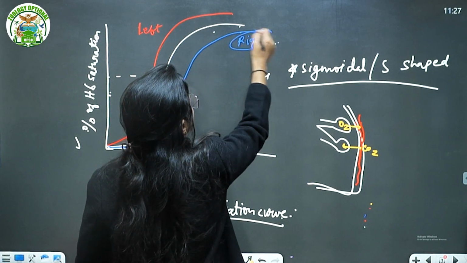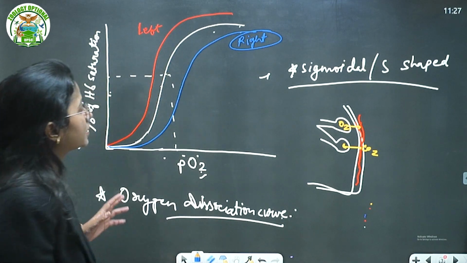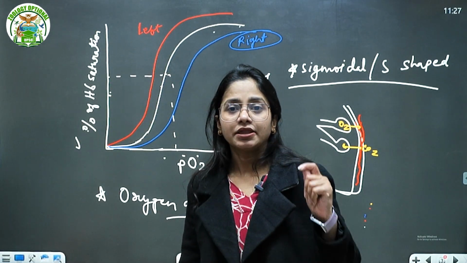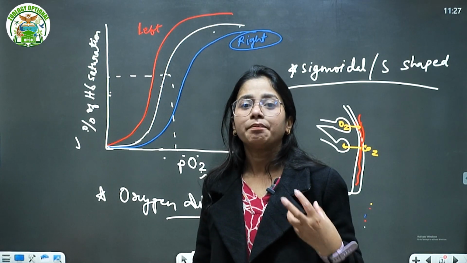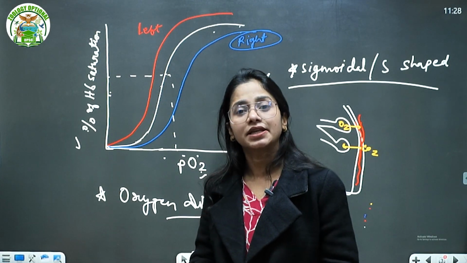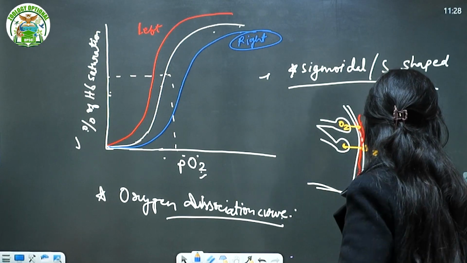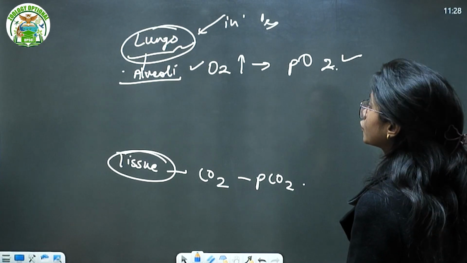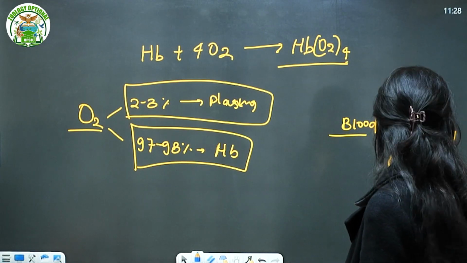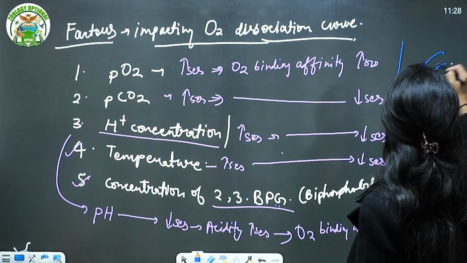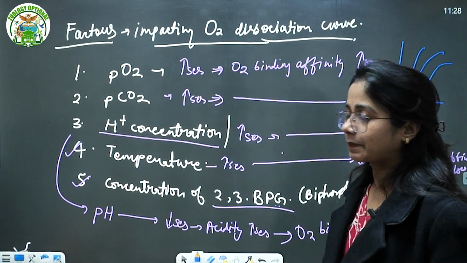What it shows, simply, is that when the graph is shifting to the right, the oxygen binding affinity with hemoglobin is decreasing. As we say in the oxygen dissociation curve, there are various factors like PO2, PCO2 and others. In that graph, the shifting to the right means oxygen capacity decreases.